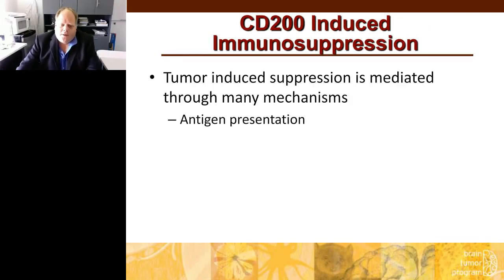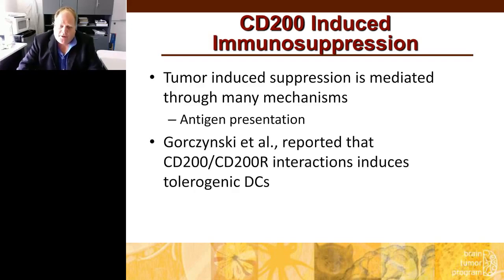So, like I said earlier, tumors induce suppression. There's multiple mechanisms, there's multiple ways that the tumor is capable of this. And one of them is through antigen presentation. Now, Gorzinski et al. reported that the CD200 and its receptor interactions induce tolerogenic DCs.